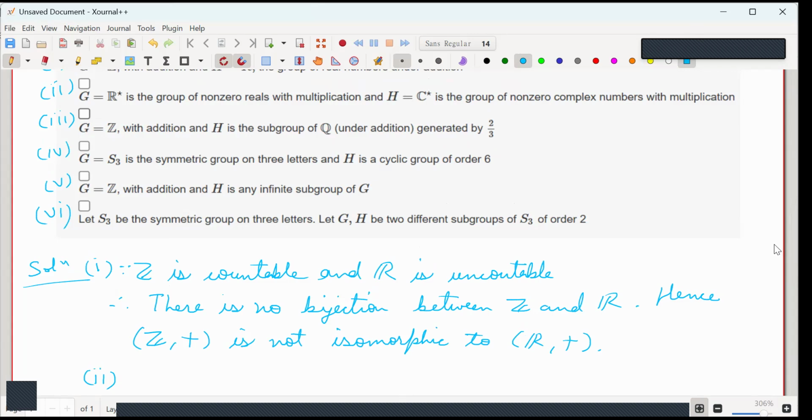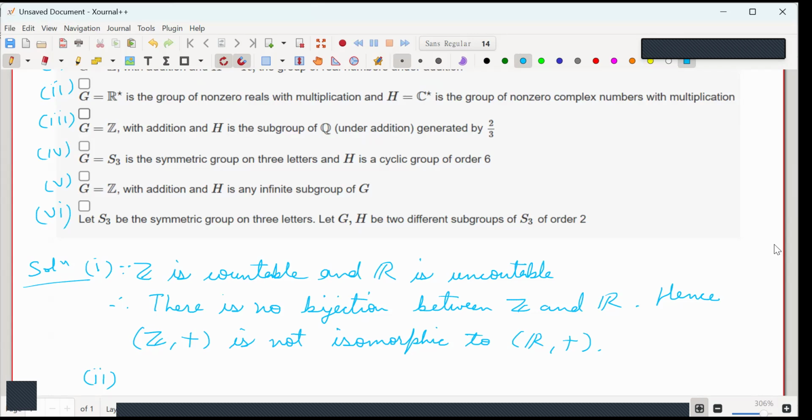The cardinality is the same, right? Yes, sir. Then there should be some bijection. Yes, sir. Then can that bijection also be a group bijection?